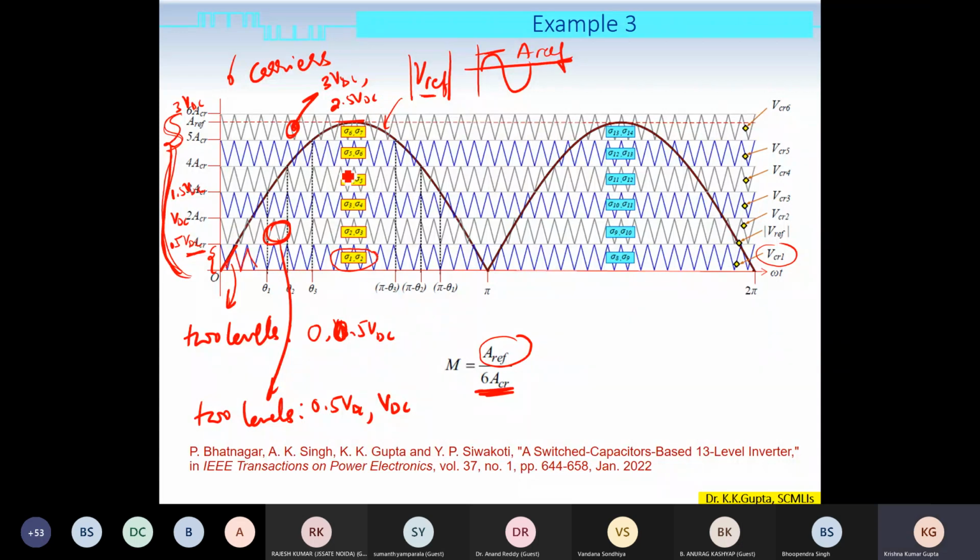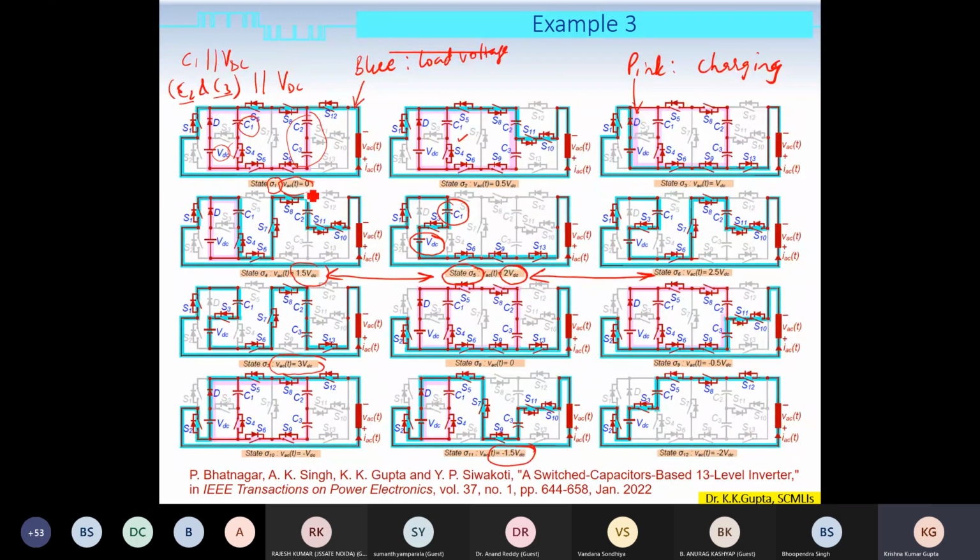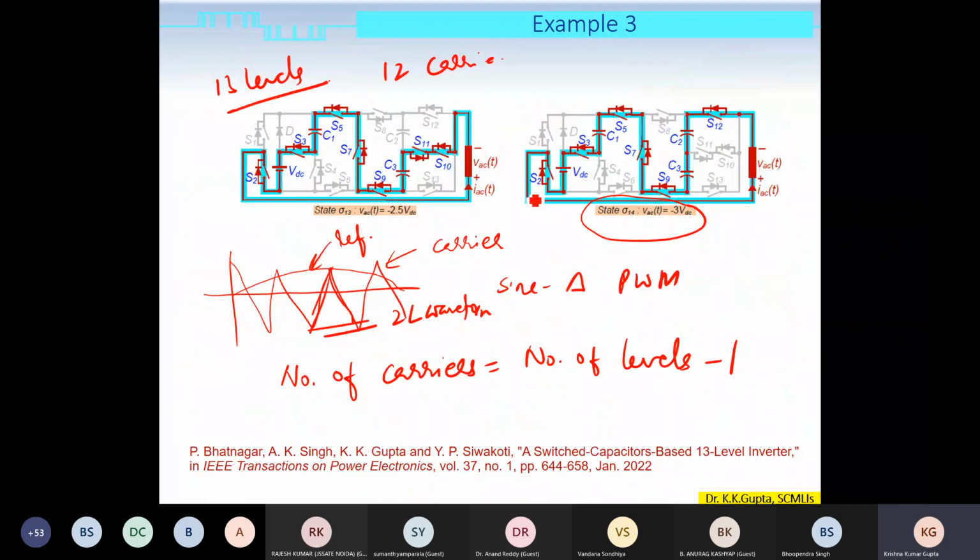So what I have shown here is these yellow colored boxes. They show the states that should be implemented. For example, sigma 1 and sigma 2. So if you refer back to the description of states, here we see that sigma 1 gives you 0 volts and sigma 2 gives you 0.5 volts, right?